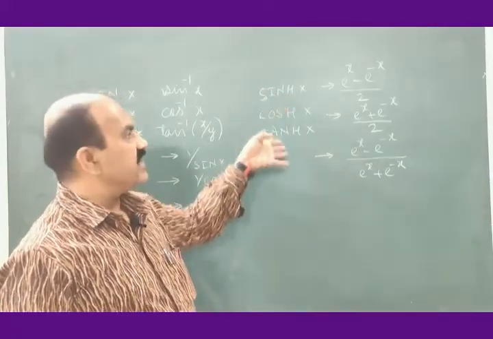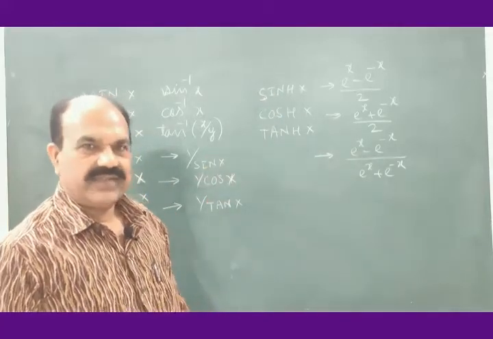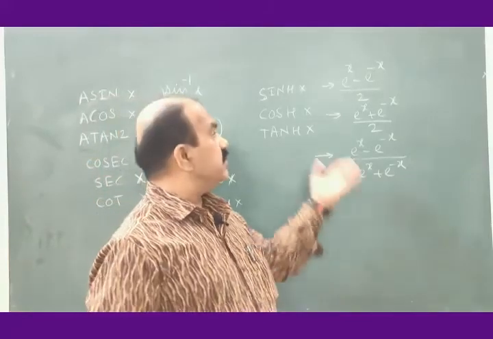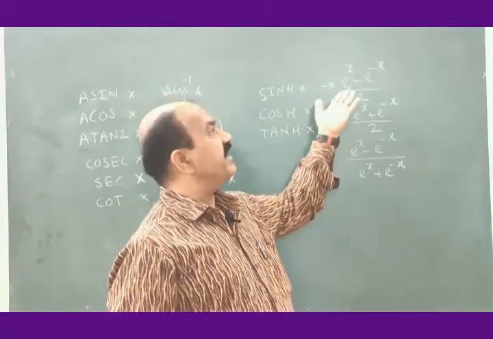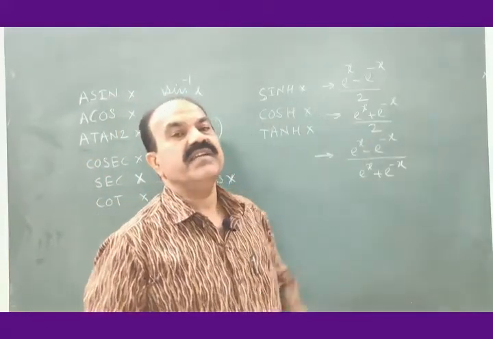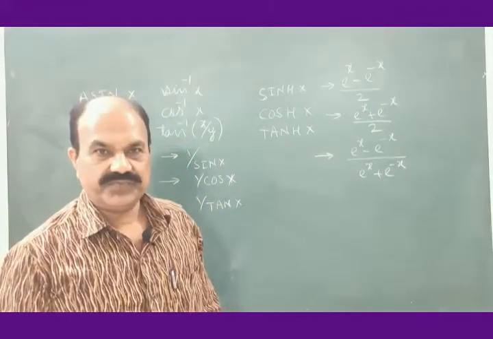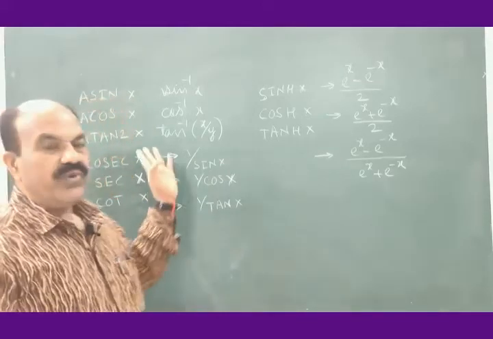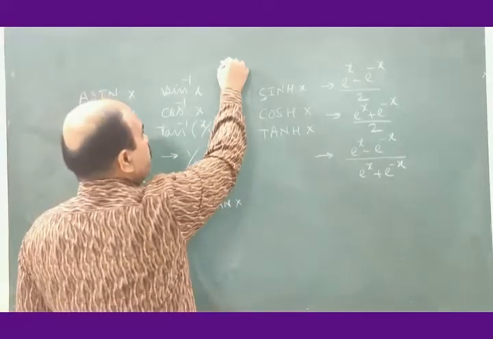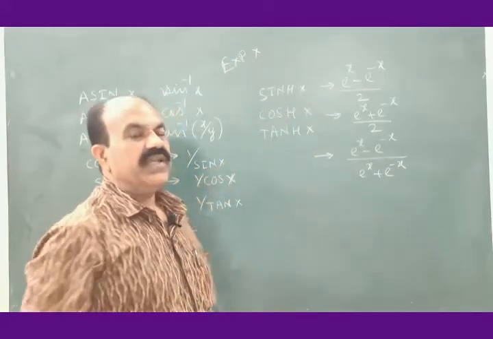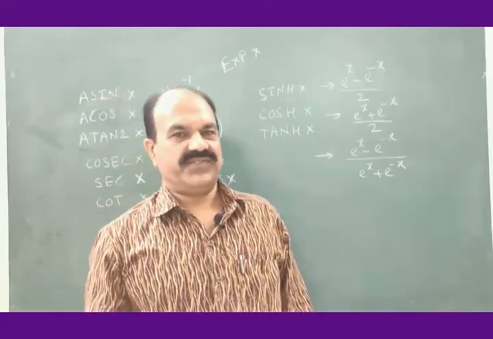We need not have these library functions; these can be obtained. What to do? Hyperbolic sine is to be obtained this way: e to the power x minus e to the power minus x divided by 2. We have the EXP(x) function, exponential of x.